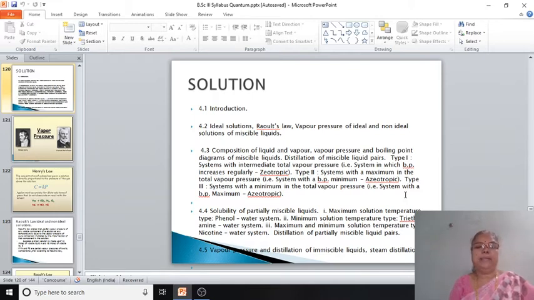And the next point of this chapter is the solubility of partially miscible liquids. And again, depending on the miscibility or solubility of partially miscible liquids, there are three different types of solutions, and that are the solutions with minimum CST.